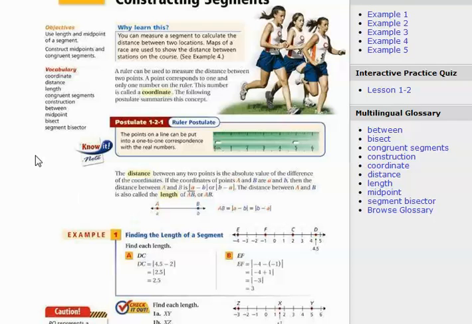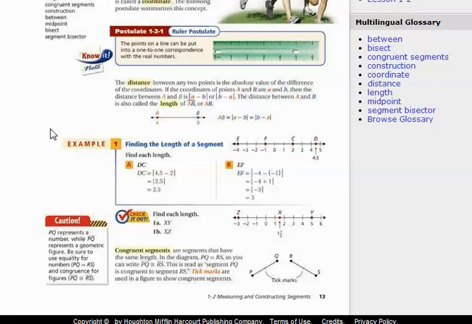And we talk about the length here. So we want to be able to find the distance between 2 points. You're going to be given a number line, for example, with different points on it, and you want to find the distance between them.